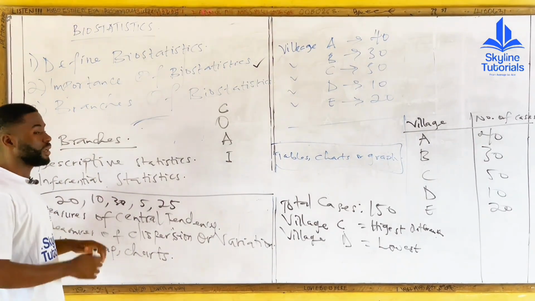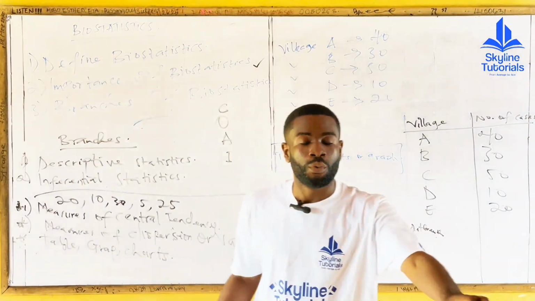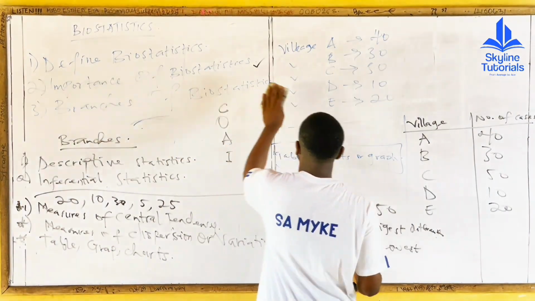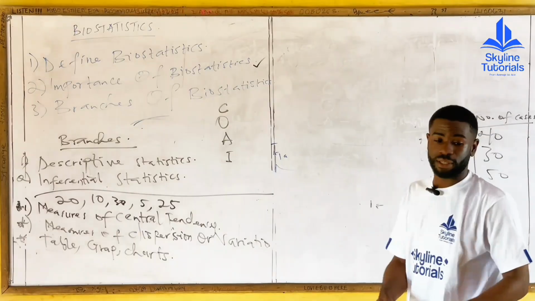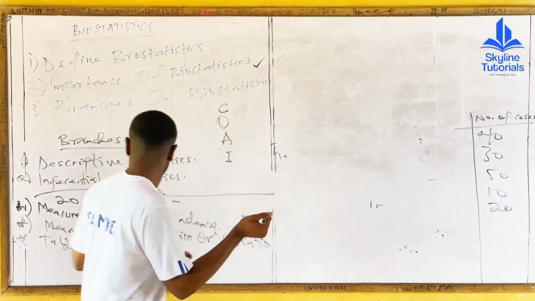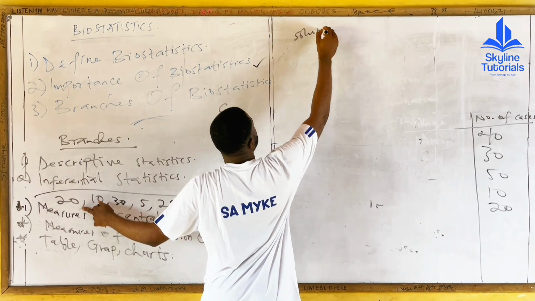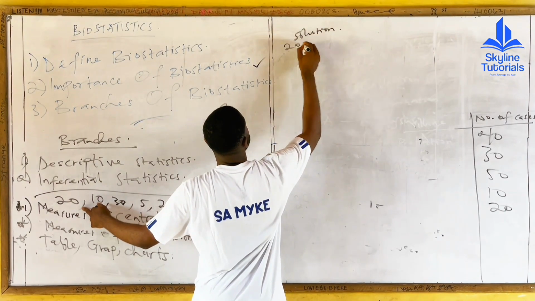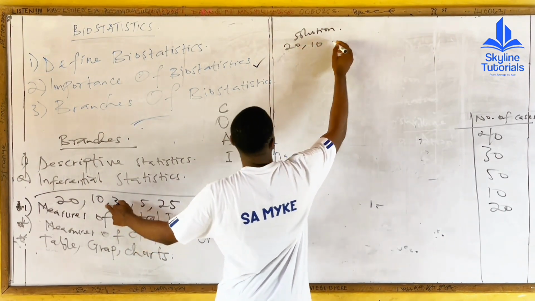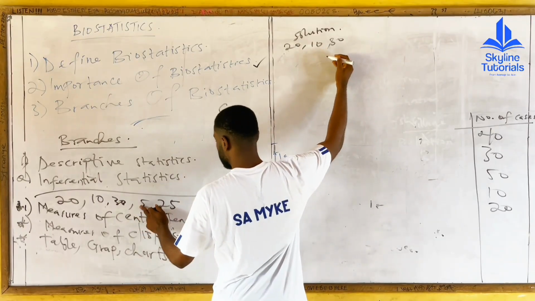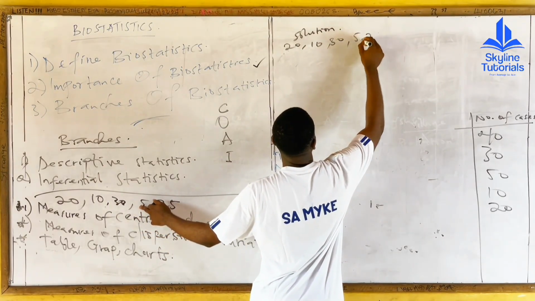Like I said, we have been given a set of data. Solution: 20, 10, 30, 5, and 25.